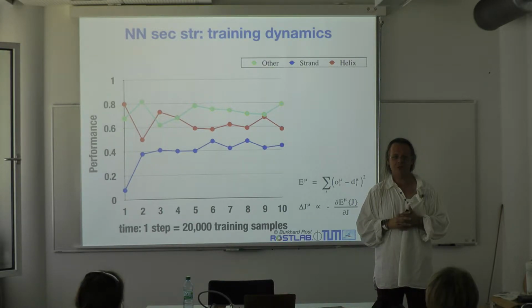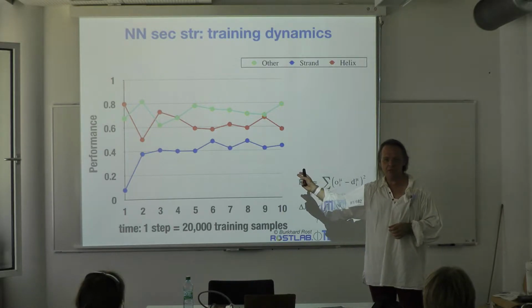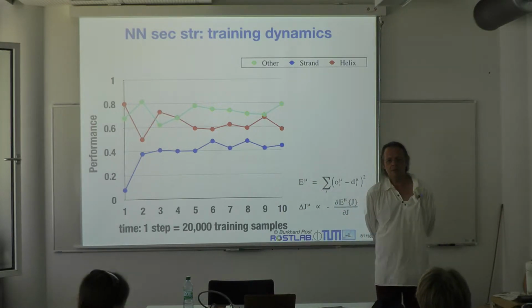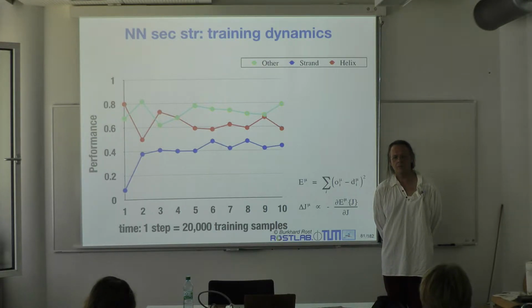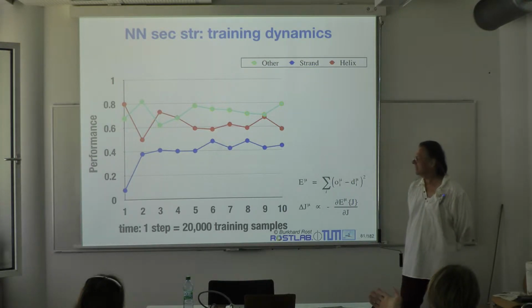Okay, this is the same situation that we had before, more or less. What exactly do you mean? This is not testing versus training. No. I mean, this is secondary structure prediction comparable to the results of Gore and the other methods. So we have a close to random performance on the strands, and better performance on the helix.